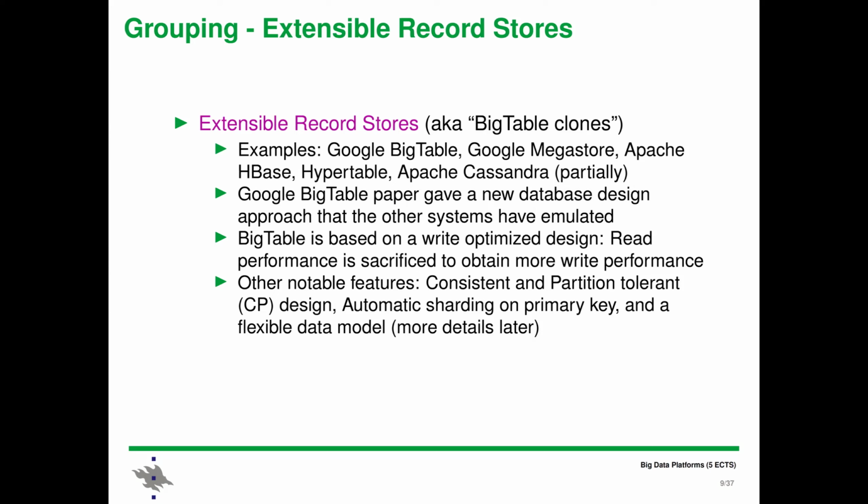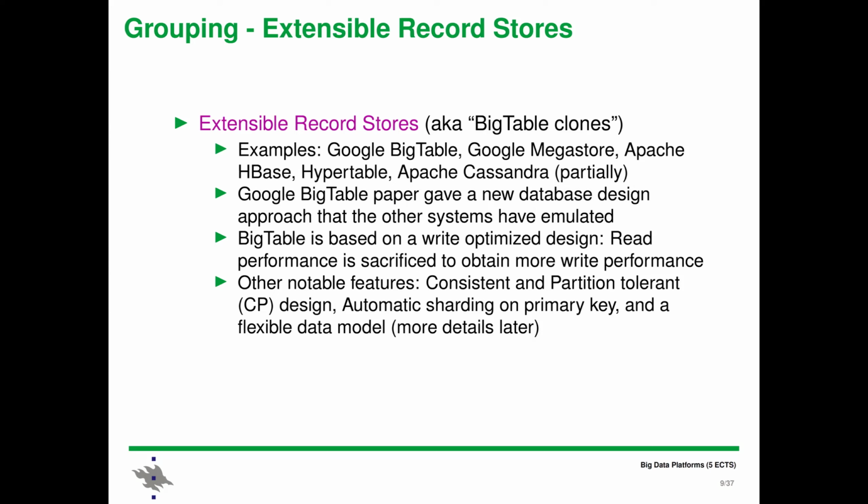They are doing automatic sharding on primary key. You can think of it in this way: if you have your database table, you sort your data by the primary key, and then you split it, I think by default in Bigtable, into something like 1 GB chunks.